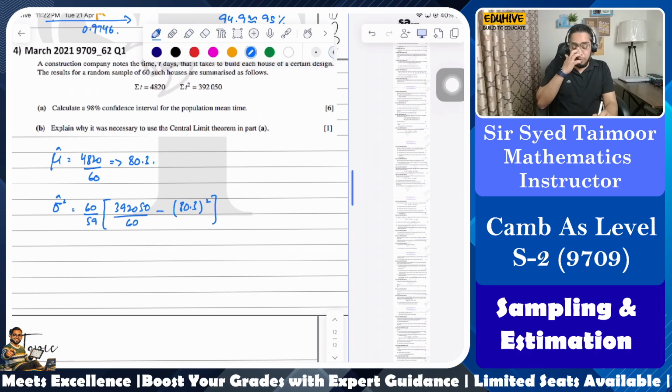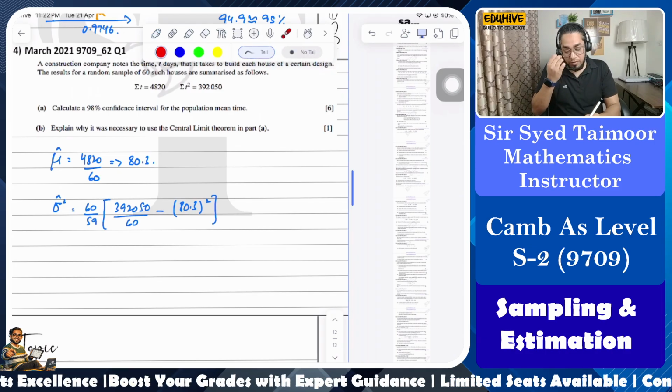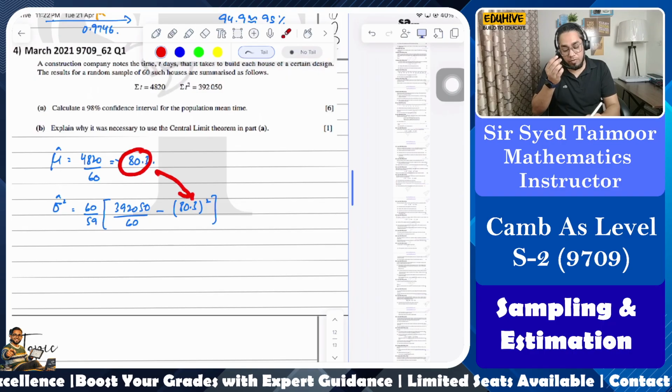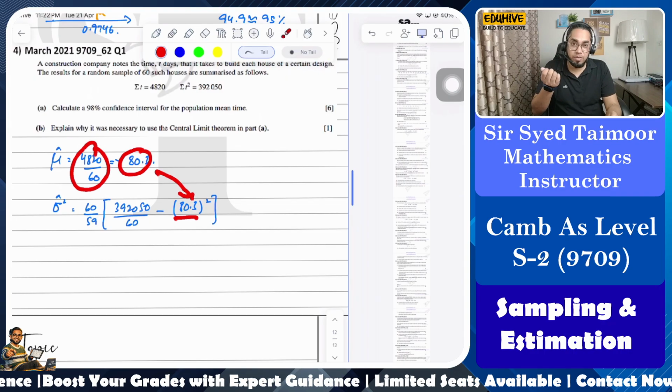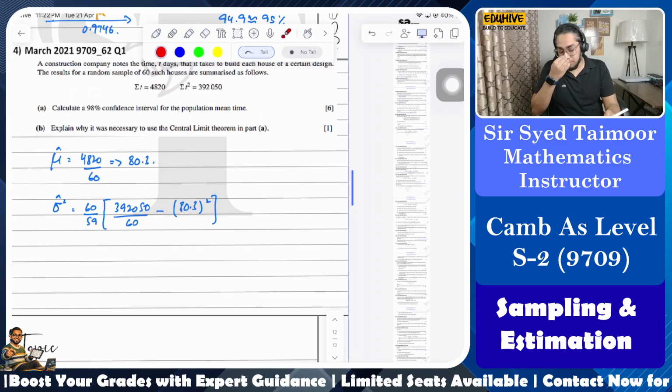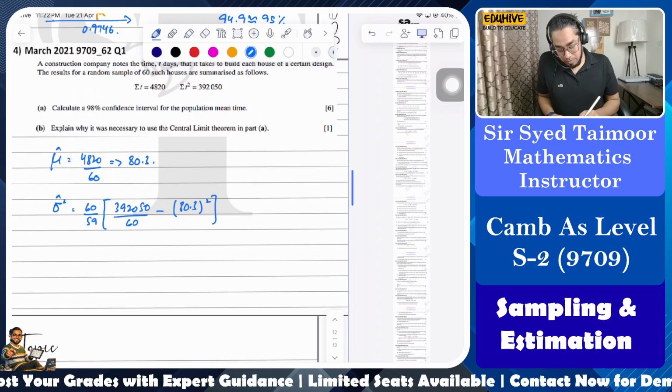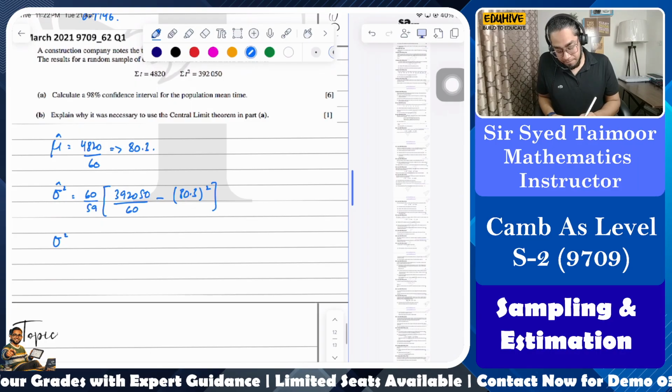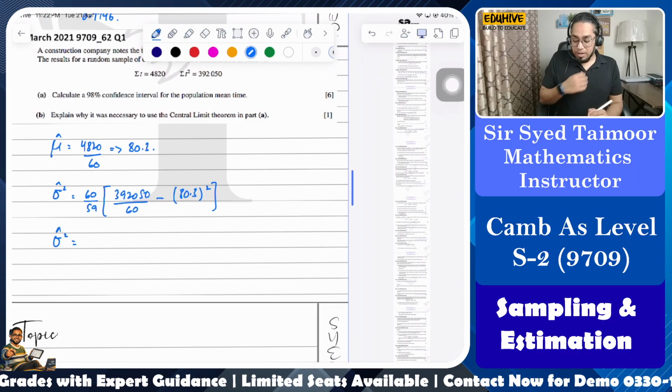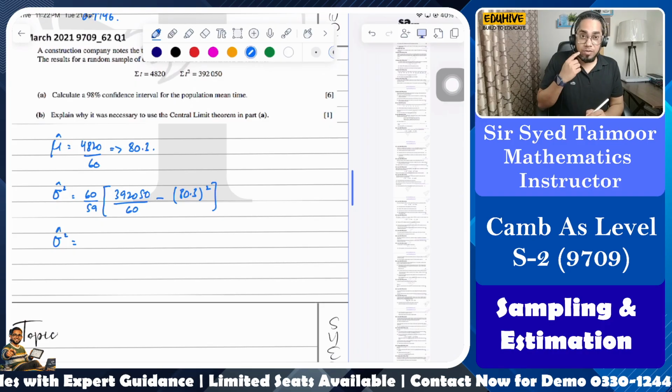Okay, and it's up to us whether we put it directly like this, or we can put this thing over here as well. What is the estimated variance we are having?